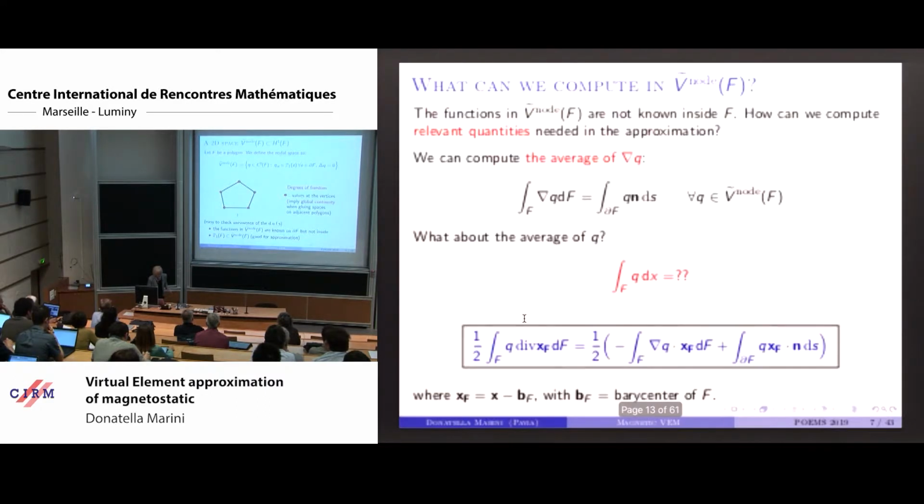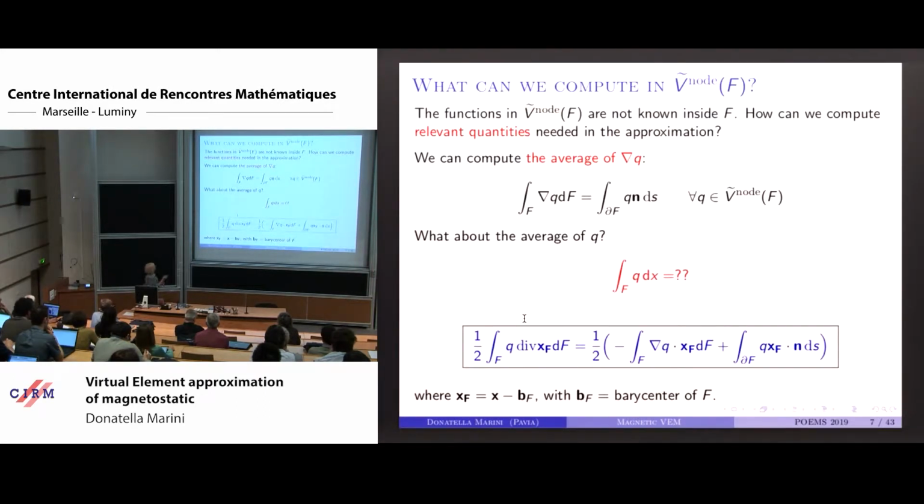So let us see what we can compute on these functions. Well, we can compute the average of the gradient, but nothing more. Integration by parts produces an integral only on the boundary, and this we can compute because on the boundary q is piecewise linear.